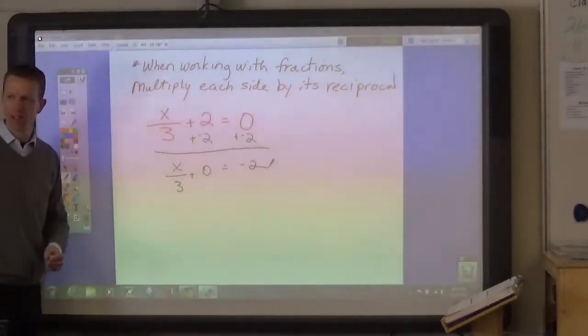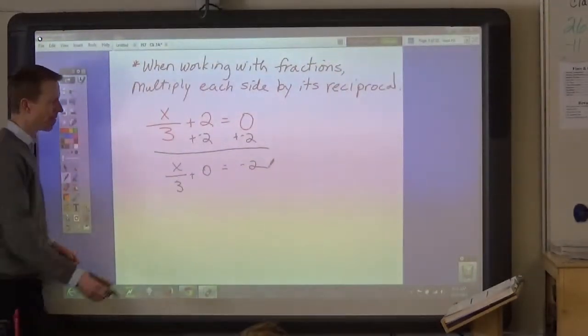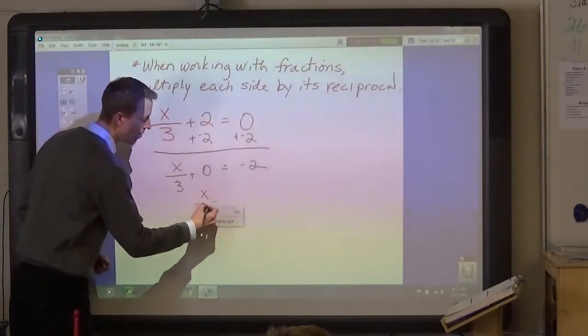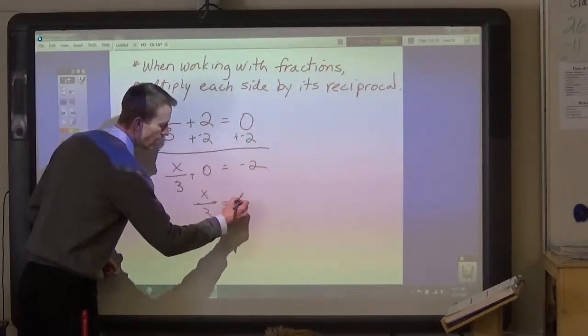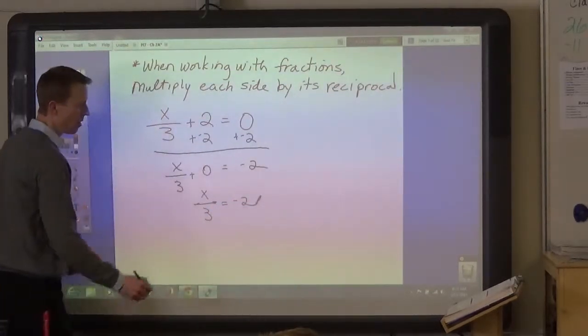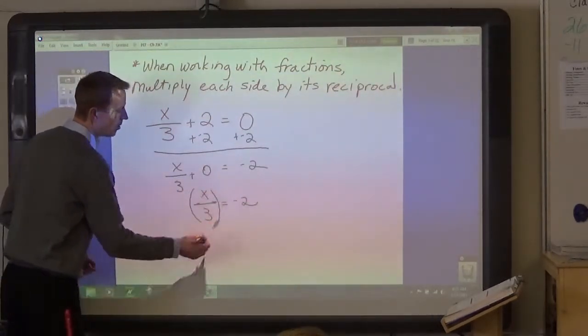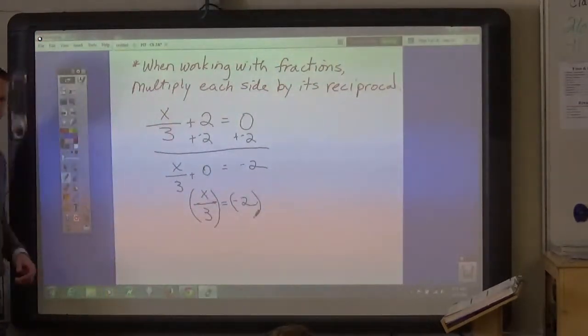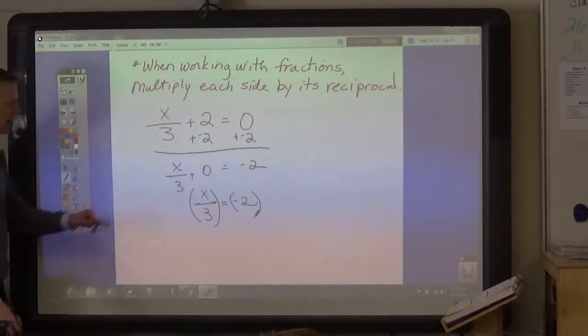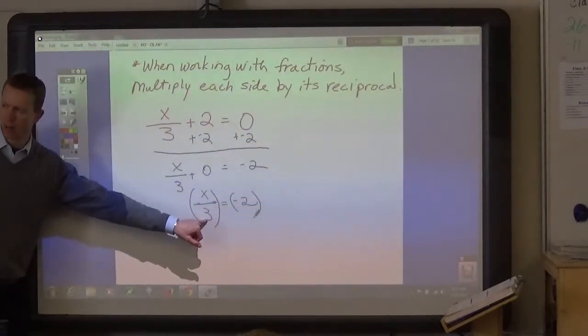With me so far? So x over 3 equals negative 2. And multiply both sides by what? How would we cross out the 3 on the bottom?